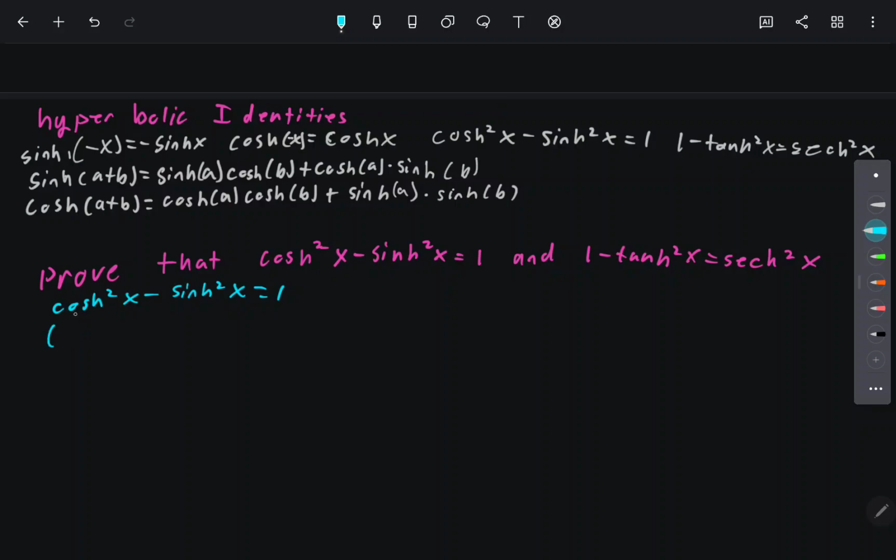So we know that cosh is going to be (e^x + e^(-x))/2, squared, minus (e^x - e^(-x))/2, squared, and that is equal to 1.